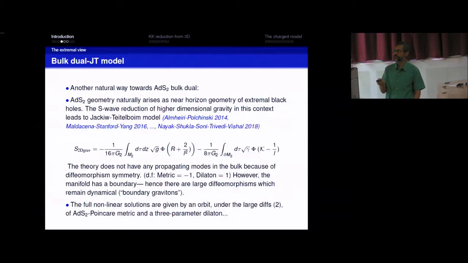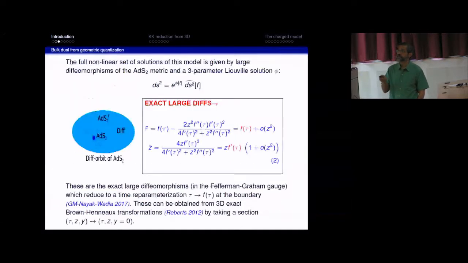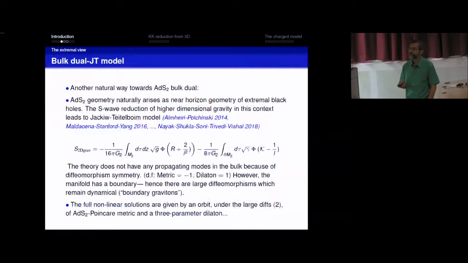The metric has -1 degree of freedom in 2 dimensions, and the dilaton has 1. So you have basically no propagating modes in the bulk, but it has boundary gravitons. And these boundary gravitons are given by large diffeomorphisms, and they're exactly given by these transformations that I said before.